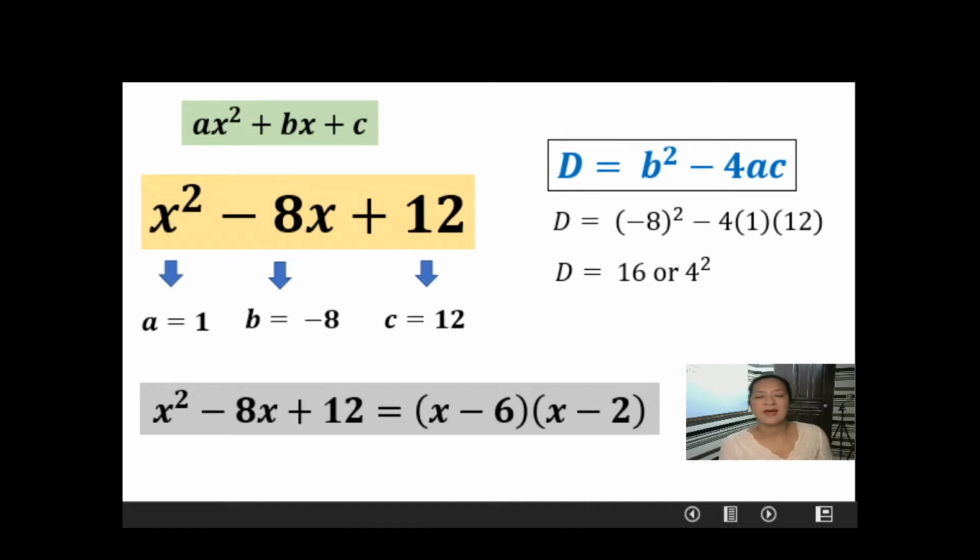So, if we multiply negative 6 and negative 2, your answer is 12. Okay? And if you add them, the answer is negative 8, which is the same with the middle term. Kaya naging x minus 6, x minus 2 ang factors.